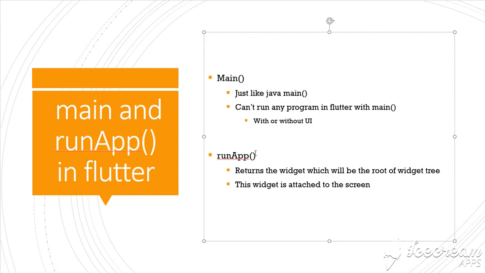So that's the difference. Main is the main entry of any program inside Flutter. Without it you cannot run any Flutter program. It doesn't matter if it has a UI or no UI. And runApp is used inside main to attach the first, or the root, widget in the widget tree for any screen.